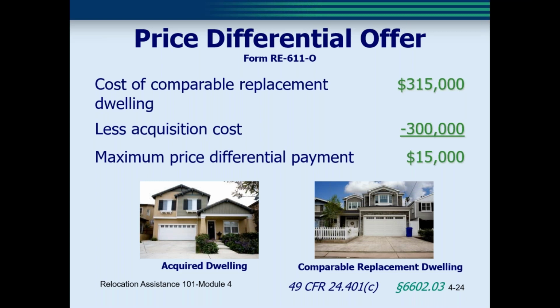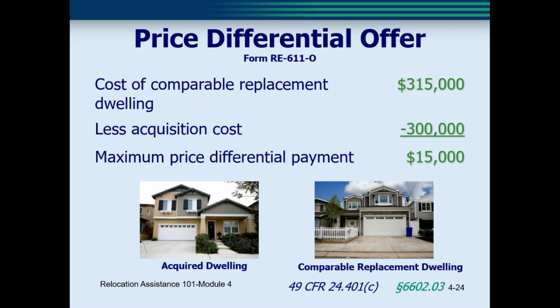The maximum price differential is computed by subtracting the fair market value of the displacement site from the asking price of the comparable. This amount is commonly referred to as the relocation offer.